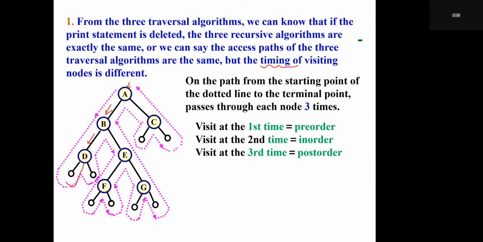And the second time when we come back, and the third time, we can visit D. That's the post order. So if we count the times we meet that node, this is the first time, and this is the second time. This is the third time for the post order. Okay.